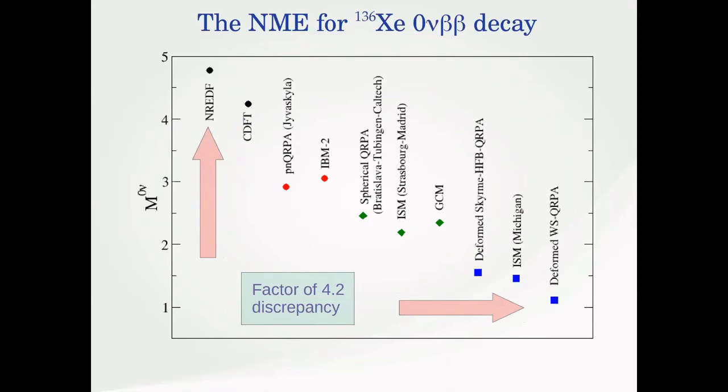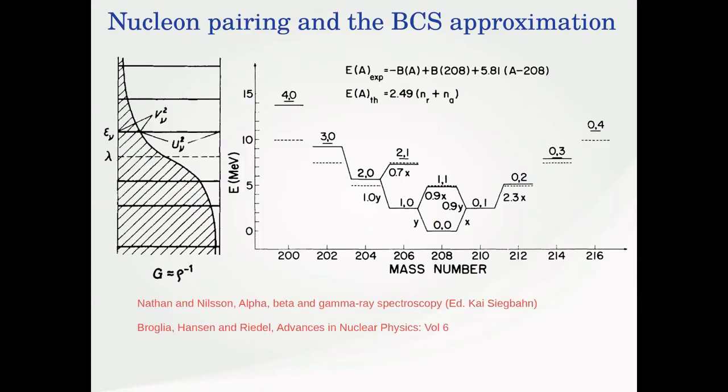So this is something that needs to be looked into, and people have been looking into this. One of the fundamental assumptions that people take into account in some of these calculations is how they consider the pairing between like nucleons in the parent and the daughter.